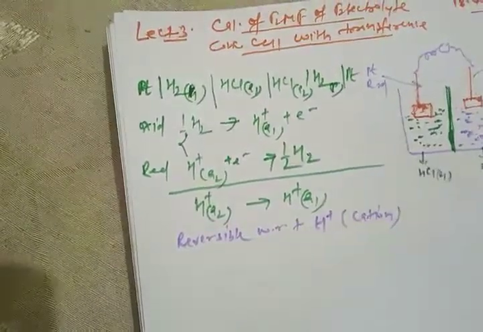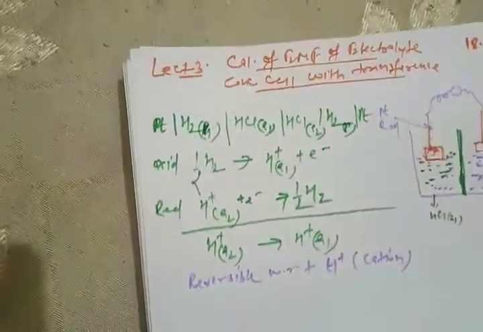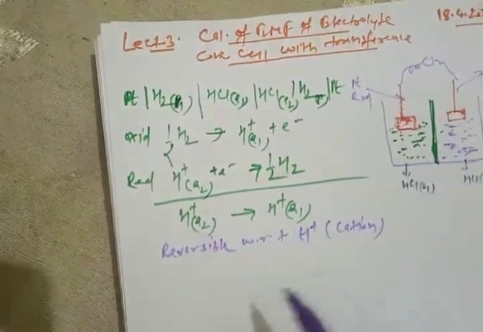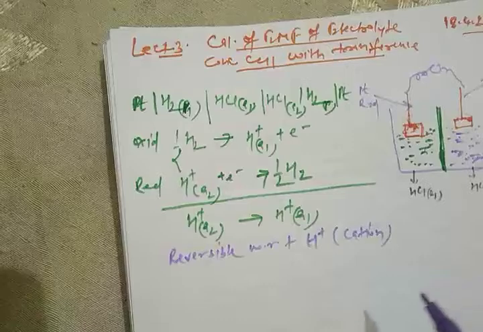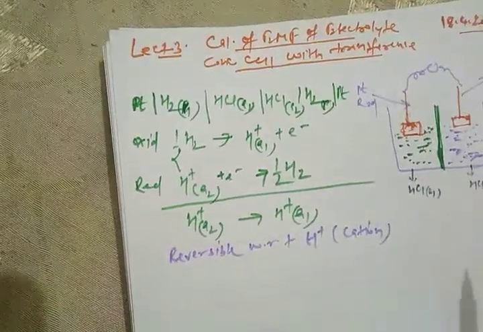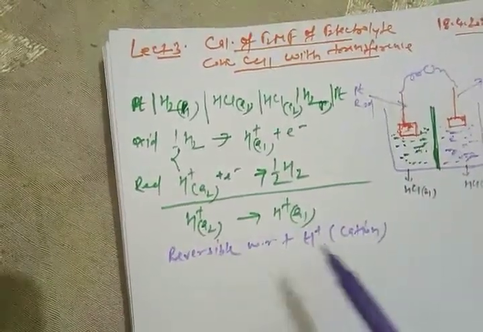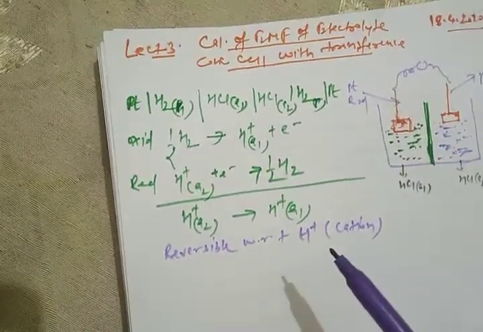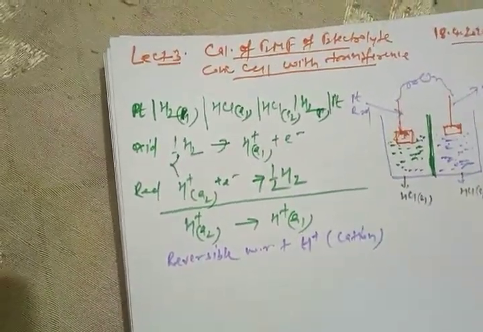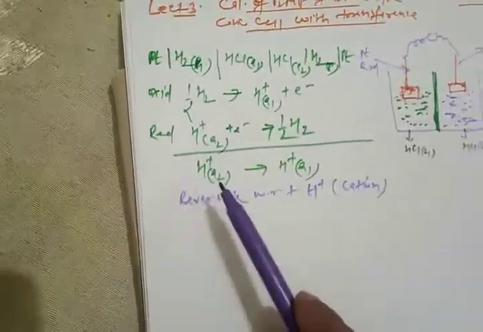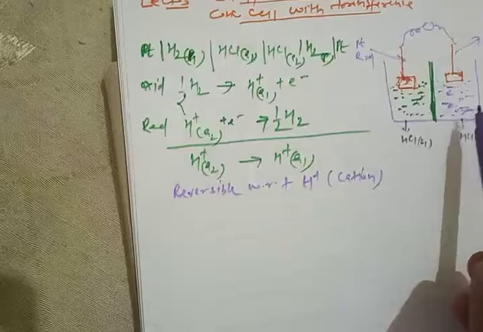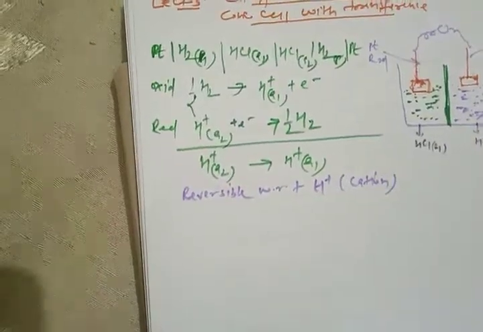As we had discussed two cases during our previous lecture, reversible with respect to cation and reversible with respect to anion, so in this case it is also reversible with respect to cation, and then reversible with respect to anion. So this is the transfer from A2 to A1, that means here to here.